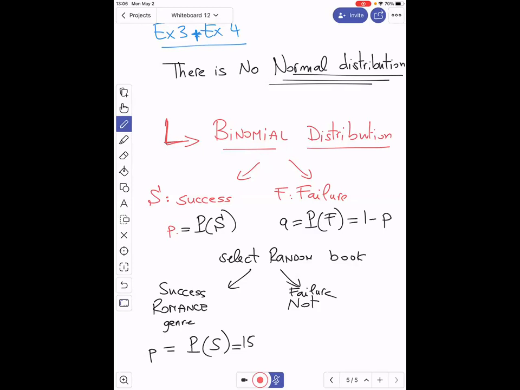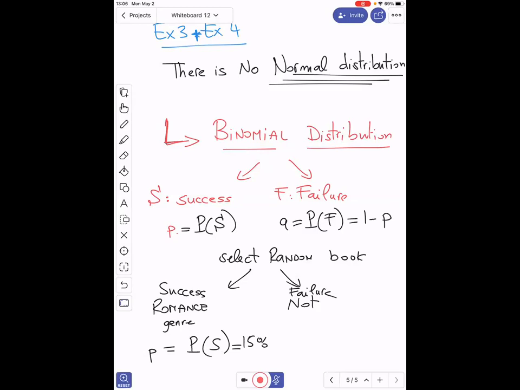So when you don't see a normal distribution, usually you're going to see a percentage and a number. Like here we have this 15%, which is a percentage, and after that there is this number, 316. So the percentage, in general, would be your probability of success P, and the number would be your N, the number of trials, okay?